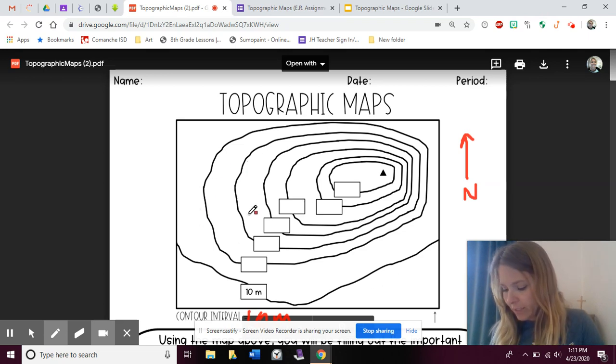Number three, label each contour line using the contour interval. So we are given that this contour line's elevation is 10 meters. We are also given the contour interval is 10 meters. That means every line you go up, you increase by 10 meters. So that's pretty simple. So that makes elevations along this line 20 meters.